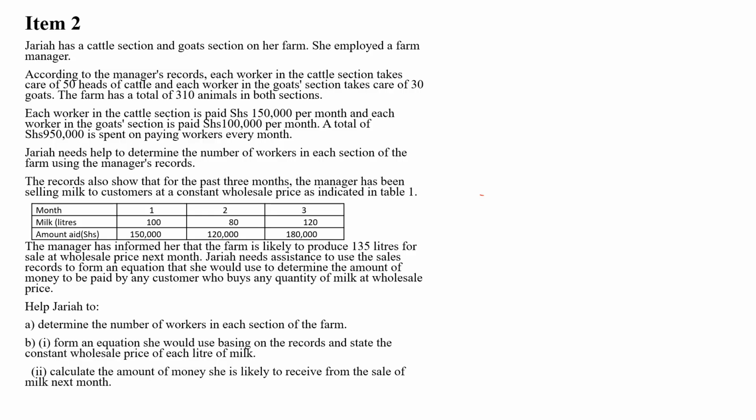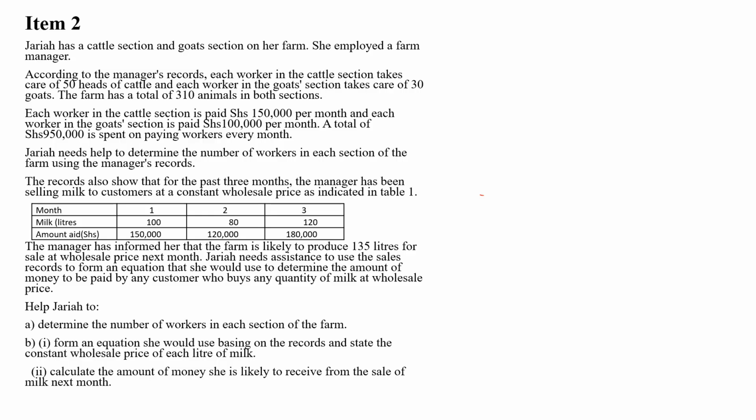The first month, 100 liters of milk were sold, and 150,000 shillings was collected from sales. Then in the second month, he sold 80 liters and got 120,000 shillings.